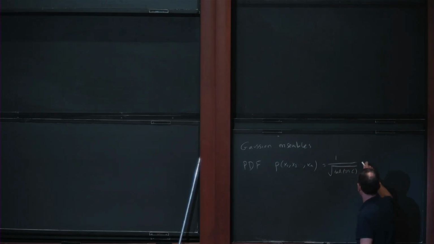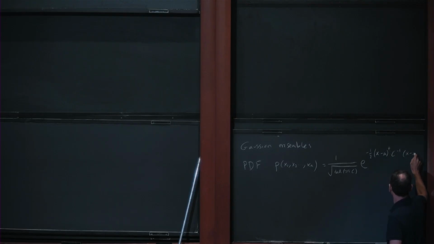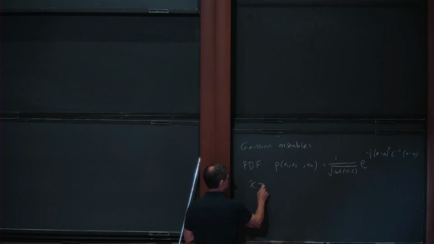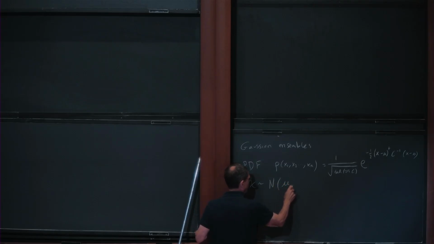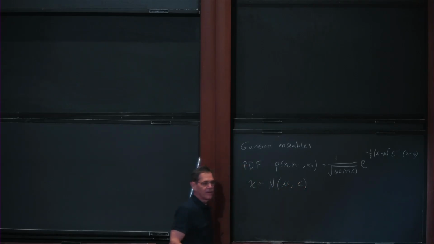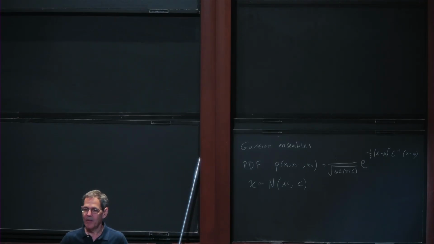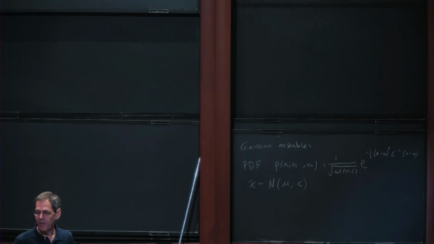And then there's an exponential factor, which is e to the minus 1/2 times the vector x minus its mean, transpose, the inverse of the covariance matrix, and then x minus mu again. And that's the probability distribution function. People would write that by saying that x is an element of a normal distribution with mean mu and covariance C. So that is the complete definition of a multivariate Gaussian distribution. Hopefully I got my factors right.